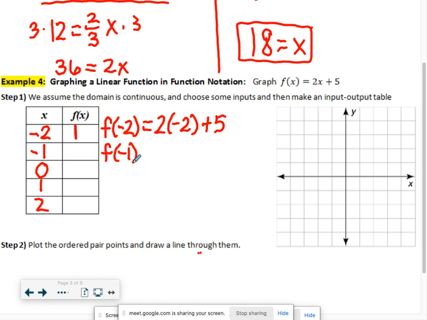Plug in -1. -2 plus 5, I got 3. You guys okay with 3? Yeah?